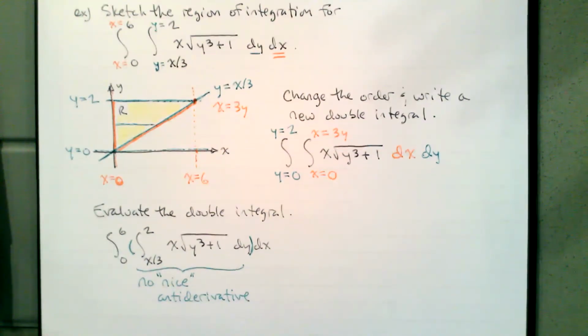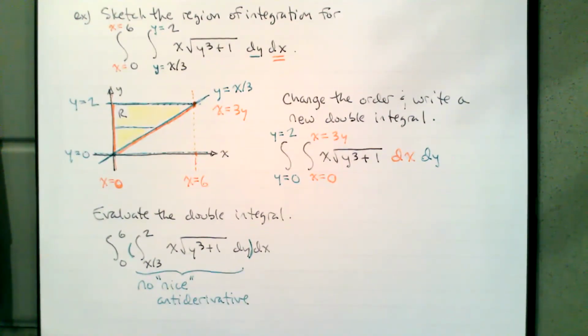We don't have what I used to call, for those of you who are in my Calc 2 class, a nice antiderivative, where we can just apply some rules to it and come up with a finite combination of elementary functions. I started saying nice because finite combination of elementary functions is a little bit of a mouthful. We don't have an antiderivative that's a finite combination of elementary functions, because we'd have to integrate the square root of y cubed plus 1.